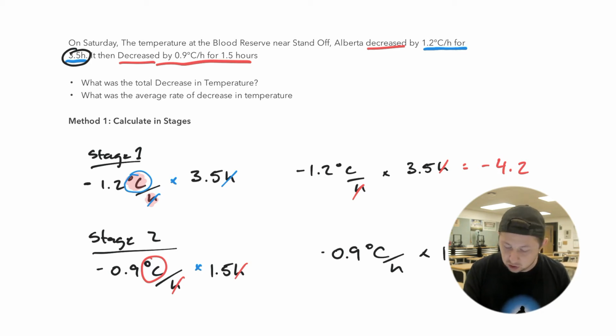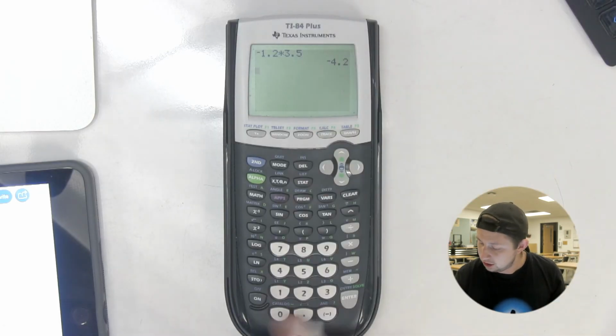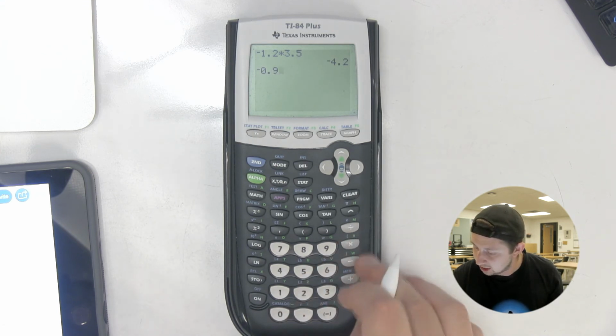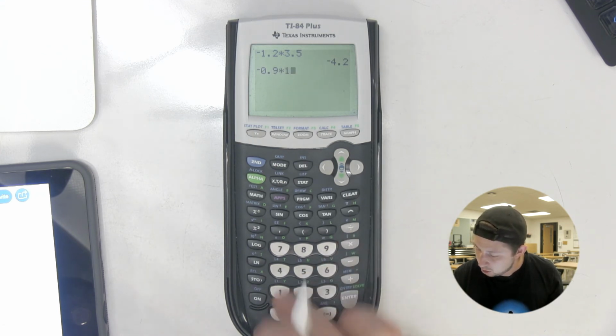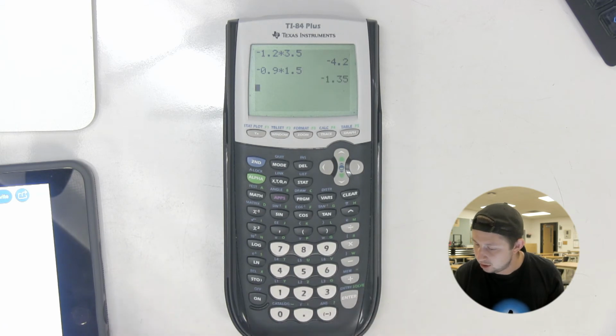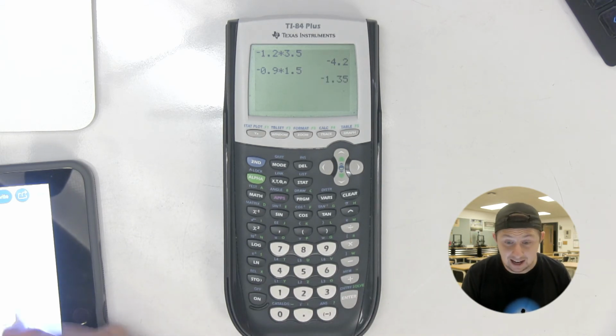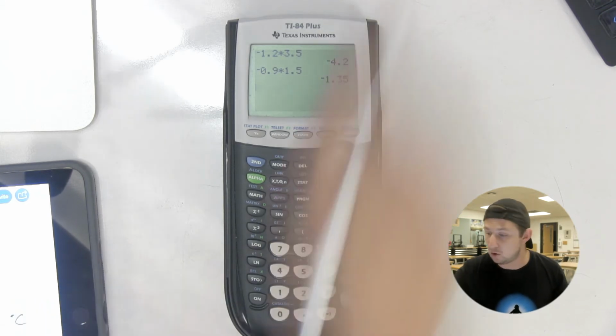Essentially, we're just going 0.9 degrees Celsius times 1.5. Let's do it on our calculator. Negative 0.9 degrees Celsius times 1.5 hours gives me negative 1.35 degrees Celsius.